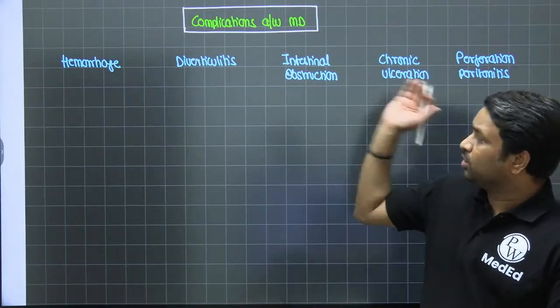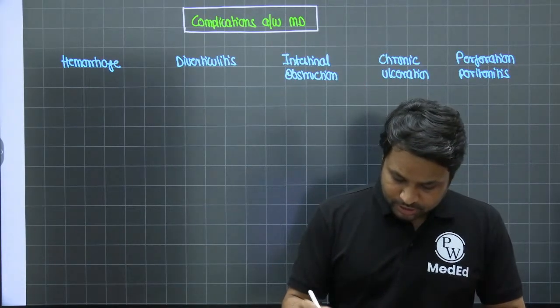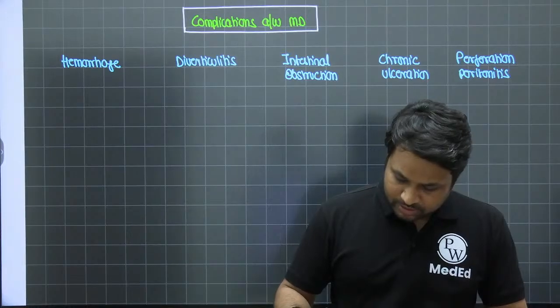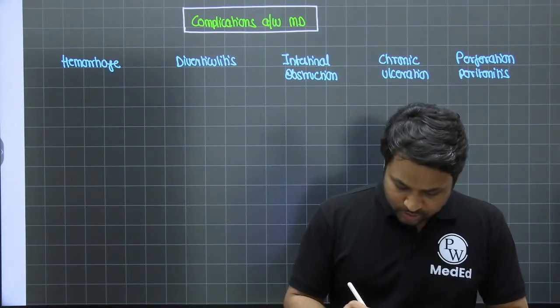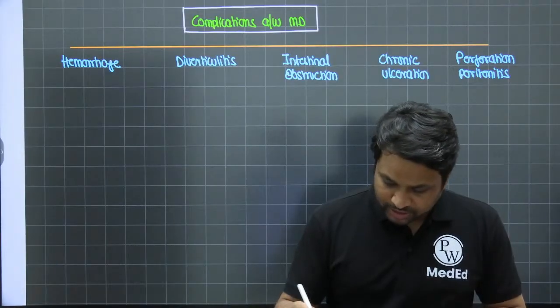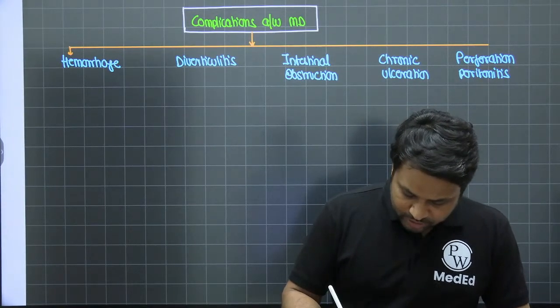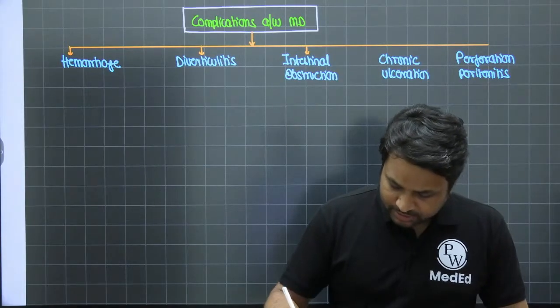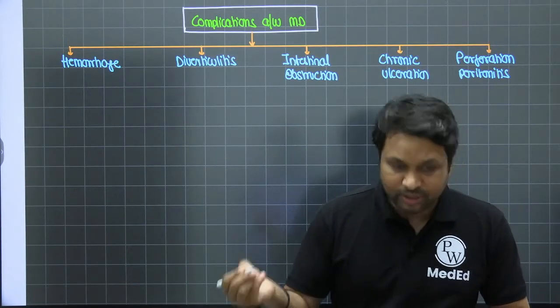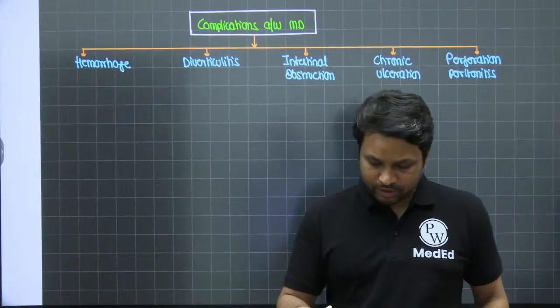So this is the spectrum of complications that you can see in association with Meckel's diverticulum, ranging all the way from hemorrhage to perforation, right?